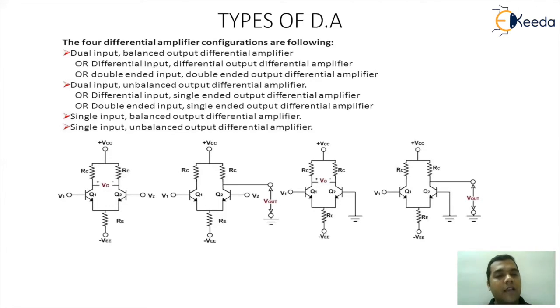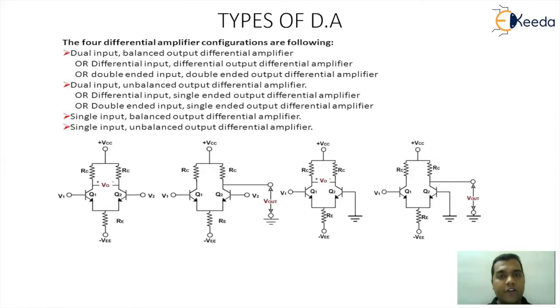In terms of single and dual, it will be dual input, dual output; dual input, single output; single input, dual output; and single input, single output. This is how you define the four types of differential amplifier.